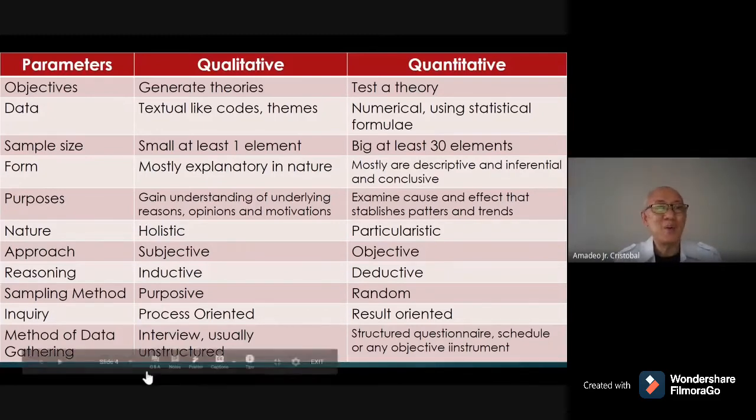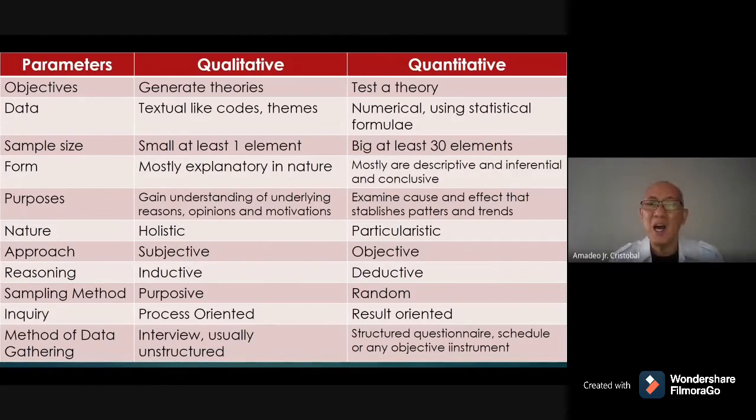Then the approach for qualitative is more subjective. Subjective in nature. Why? Because whatever will be unearthed by your subject or by your participants, all of it will be written. It's up to the participant or to the subject what he is going to tell.